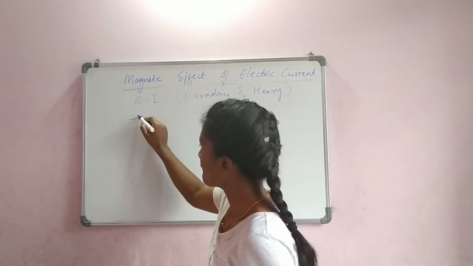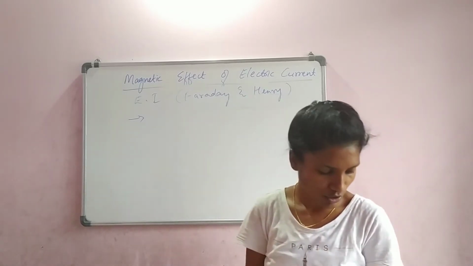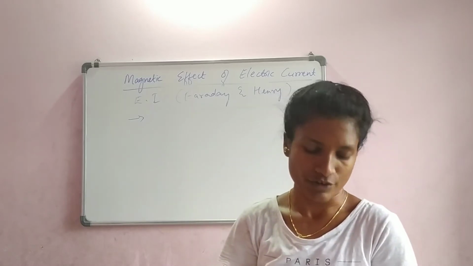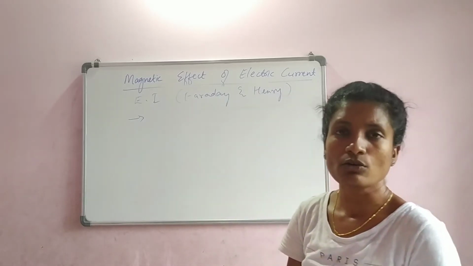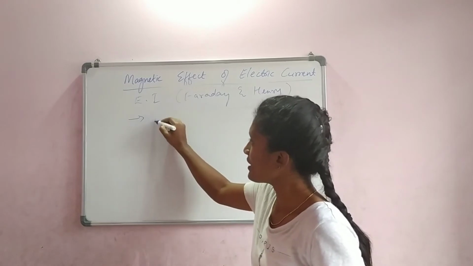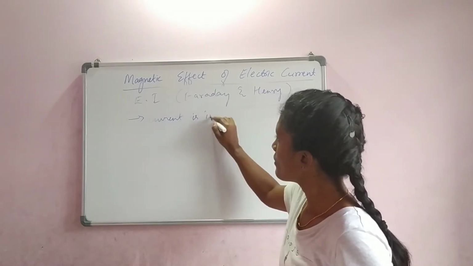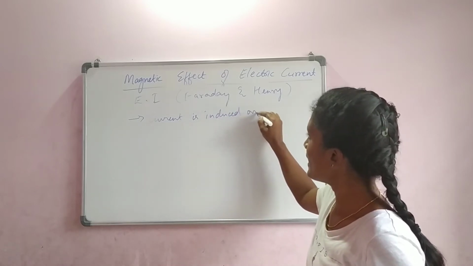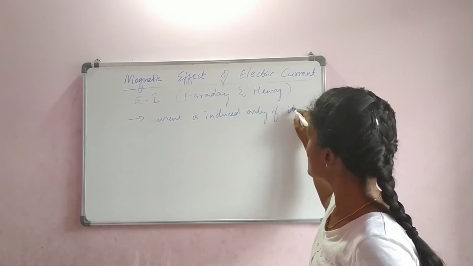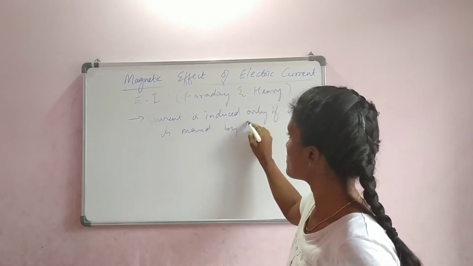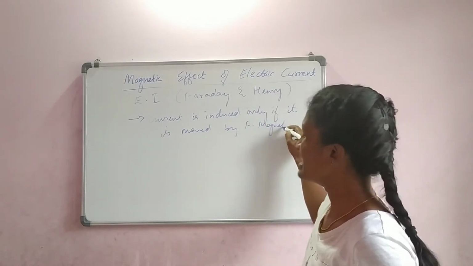Both of them have given some observations. A current is induced in a coil when it is moved relative to a fixed magnet. Current is induced only if it is moved.